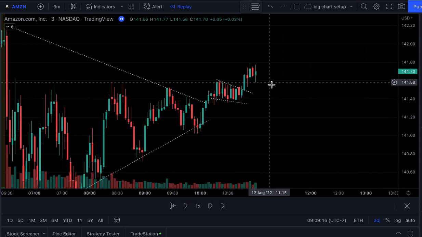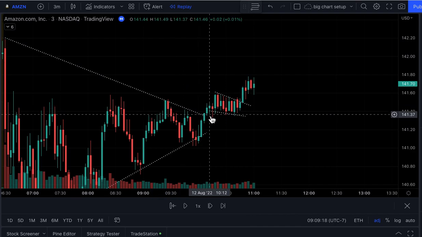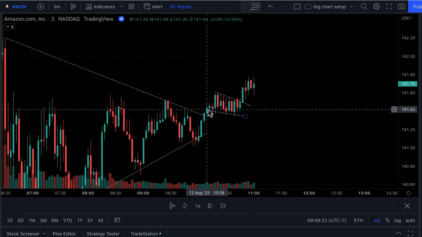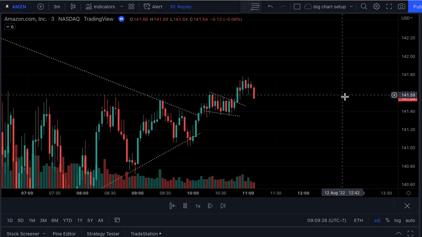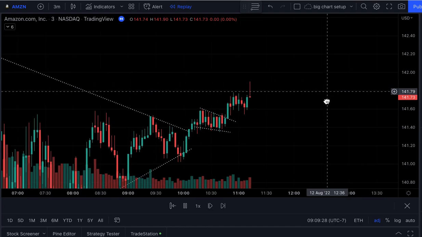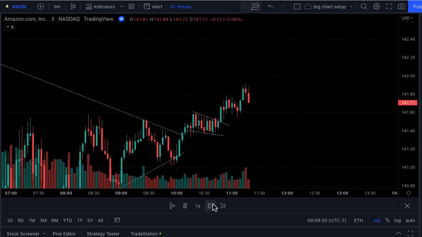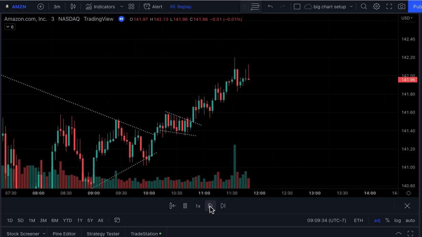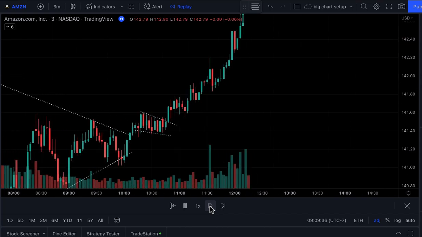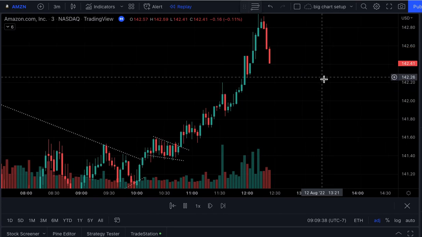So this one breaks. I'm thinking, okay, we broke this consolidation upside, we had some bulls in the flow. And if we just let this one play out, Amazon went nuts the rest of the day. So whether you're in commons, options, whatever, this is really good money here.